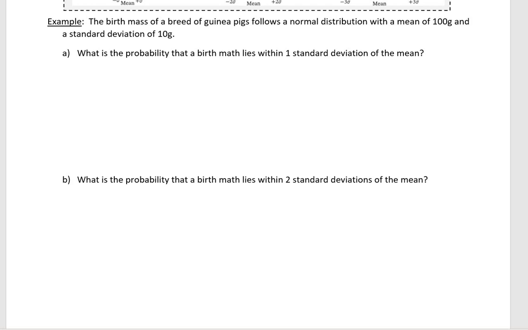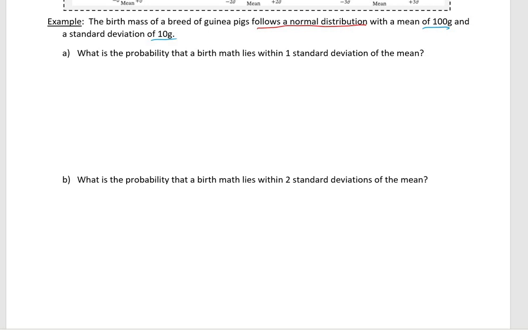Hopefully we're always a little skeptical until we see evidence of something. So the birth mass of a breed of guinea pigs follows a normal distribution, and that's kind of key to everything that we're doing right now. So that means we can apply everything that we've been talking about, with a mean of 100 grams and a standard deviation of 10 grams.